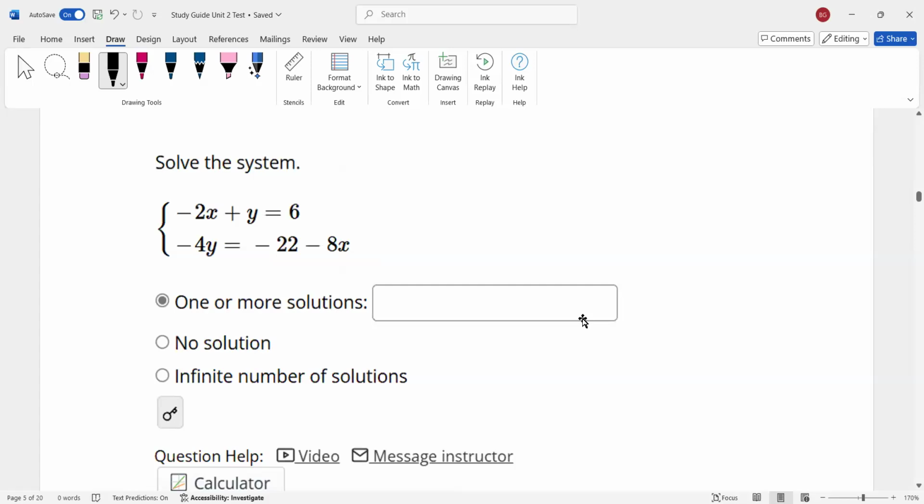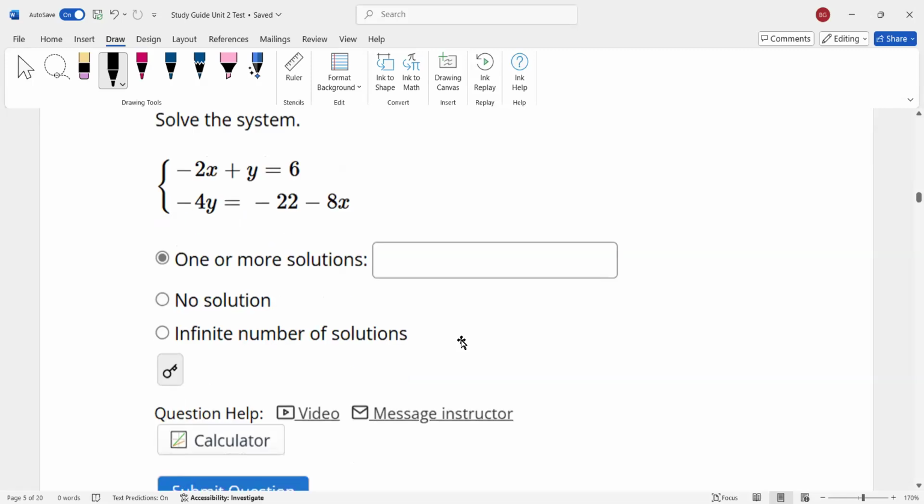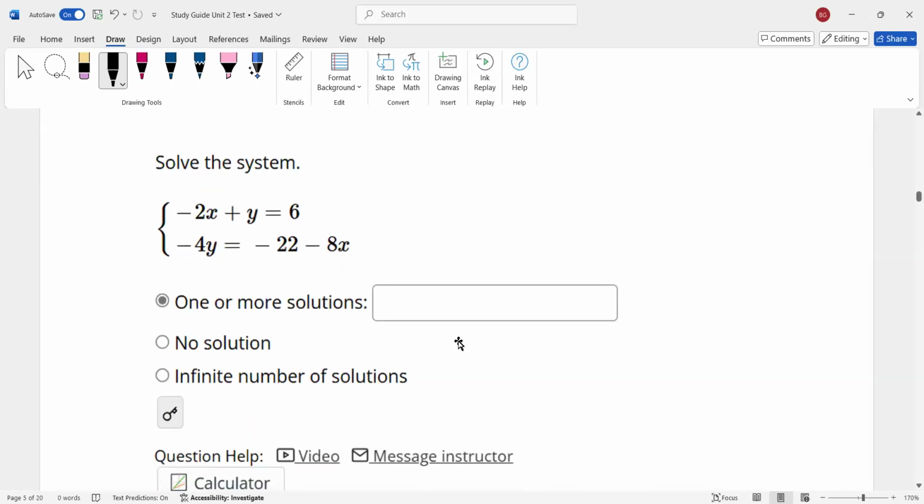This is a solve-the-system problem. Linear system. Both equations in the system are straight lines. I give you 2 minutes. Solve the system.